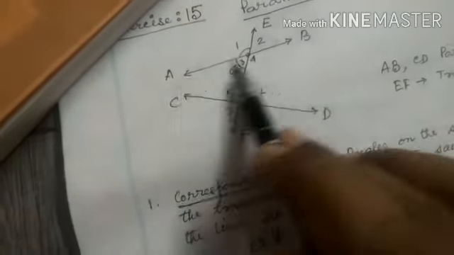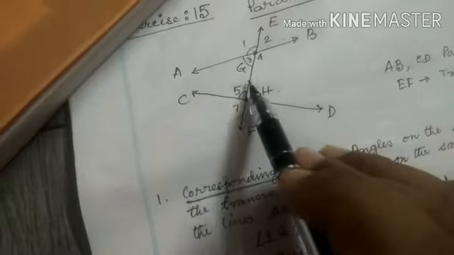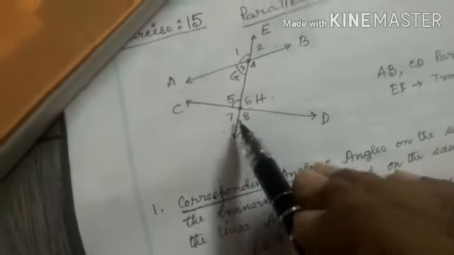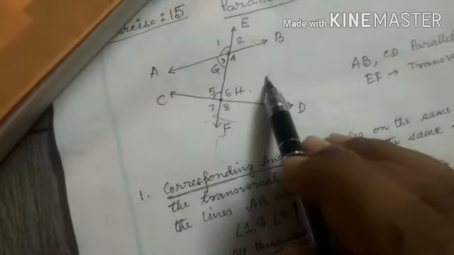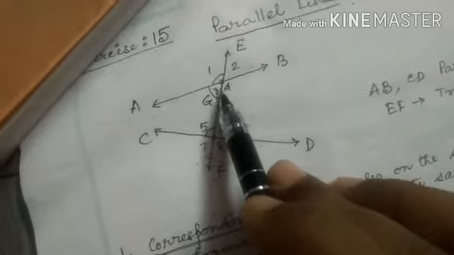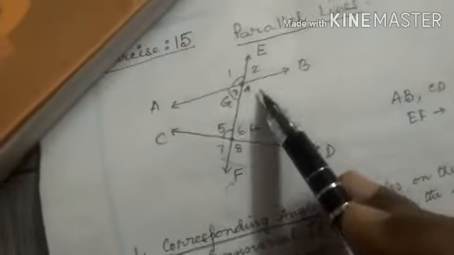This portion is the interior area, on one side of the transversal EF, either left side or right side. That means 3 and 5 are called co-interior angles, and 4 and 6 are called co-interior angles.